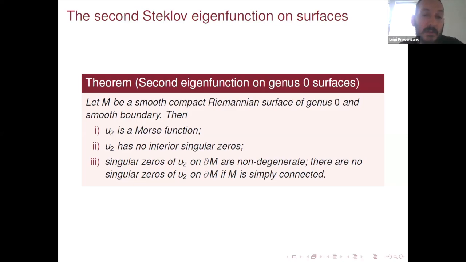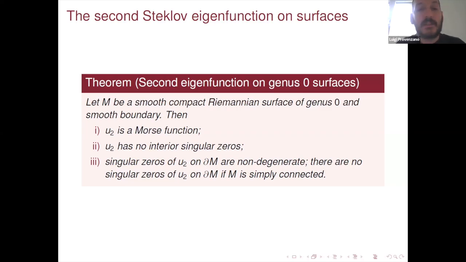The second one is easier, maybe it's nothing special. It has no interior singular zeros. Actually, we don't really need that for our purposes anyway. And the third one is that actually it came out from our proof that if you have on the boundary of a genus zero surface a zero of the second eigenfunction, then either it is non-singular, which means the gradient does not vanish, or if the gradient vanishes, this zero is not degenerate, which means that the Hessian is positive or negative definite.